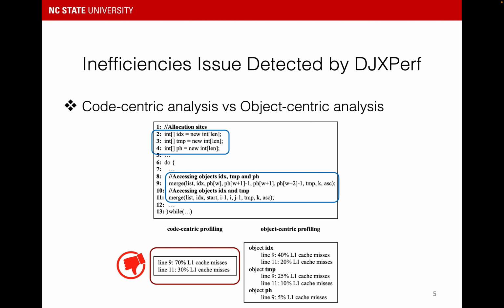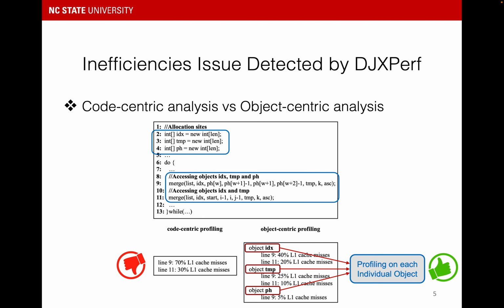However, in the red bottom, the object-centric profiling can further associate metrics with individual objects, indicating that the objects IDX and temp account for the most cache misses. So the object-centric analysis not only can pinpoint code locations, but it can also identify which objects suffer from higher L1 cache misses.